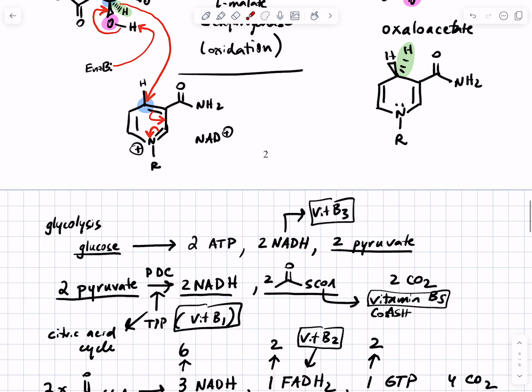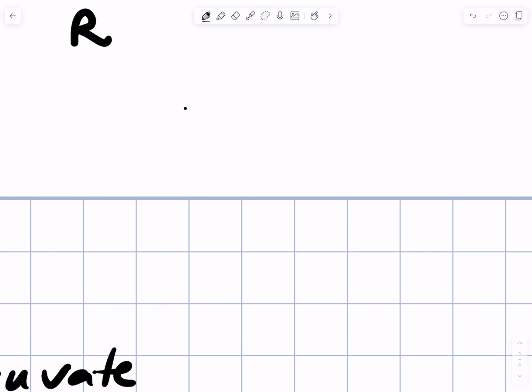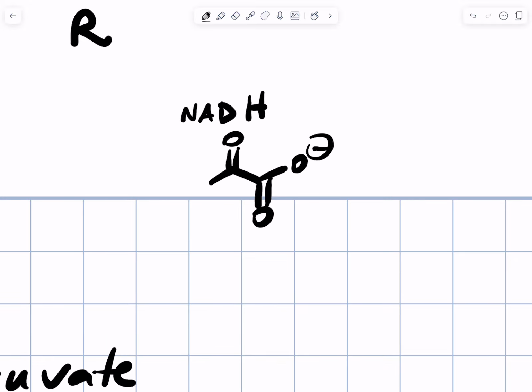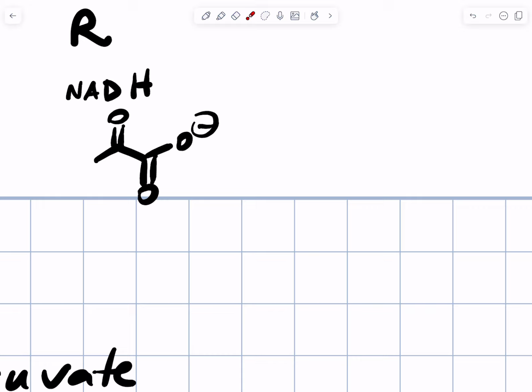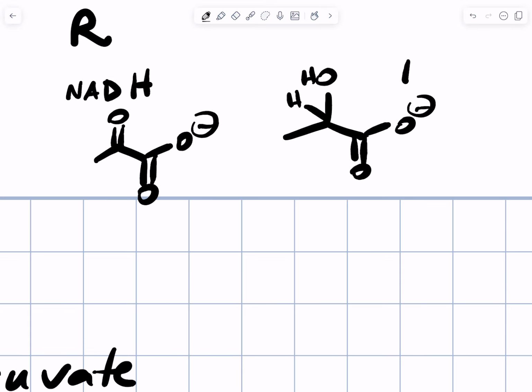If you don't have that going on, one of the things that you can do is you take NADH plus pyruvate, and you do a reduction reaction where NADH delivers a hydride to the ketone, and you end up with the secondary alcohol. And this is called lactate, or lactic acid.